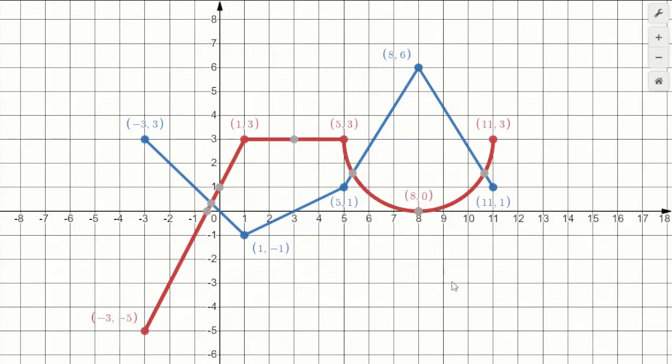When x equals 0, with our red function found right here, even though the point is not indicated with the software, we still have a point right there: 0, 1. So when x equals 0, f of 0 equals 1, which is indicated right there.